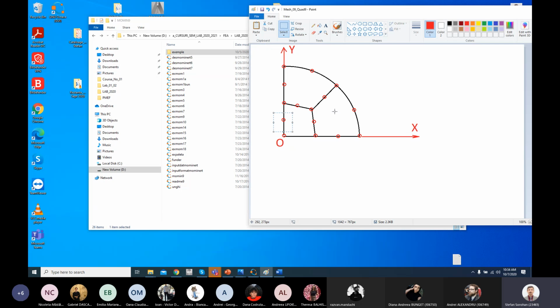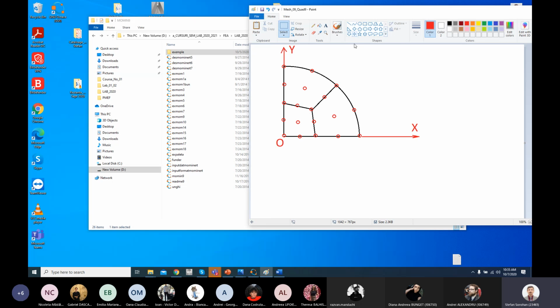And more nodes somewhere inside of each element. Why is it necessary to have? Due to the shape function, or if you want, due to the approximation. So for each element I have to put a node somewhere inside here and here. Now we must add, as you can see, each element has 3 nodes on each edge, and a node in the middle.